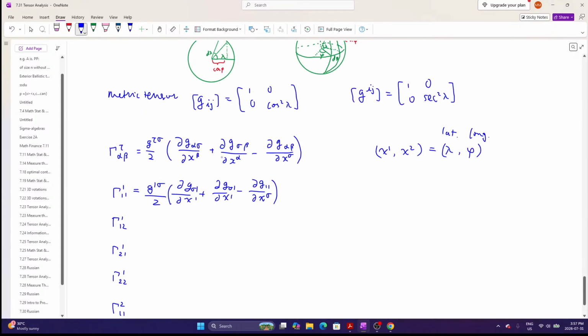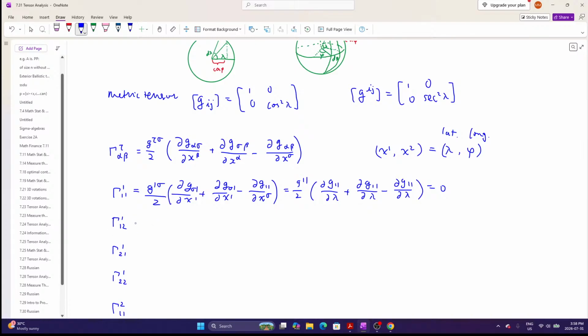Well, g is still diagonal, so there's only one term in the summation. So you've got g11 over 2 times dg11 over dx1, where dx1 is just d lambda, plus dg11 over d lambda again, and then minus dg11 over d lambda. This is 0 because g11 is a constant.